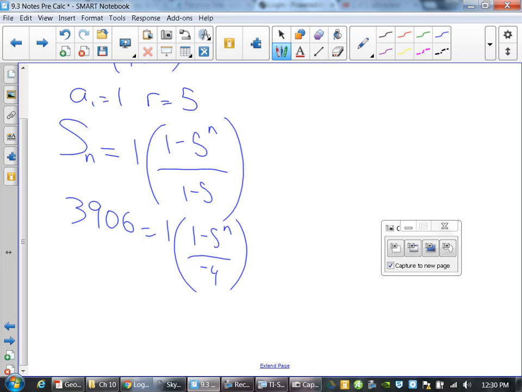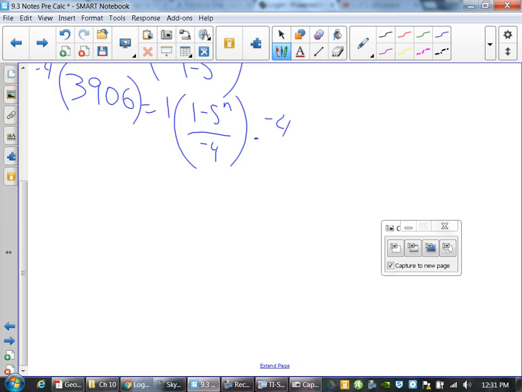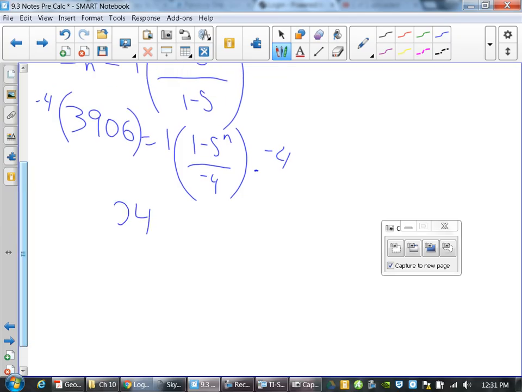What do you do first? Multiply by the negative 4. Get rid of the denominator. If we do that, we get negative 15,624 is 1 minus 5 to the n.